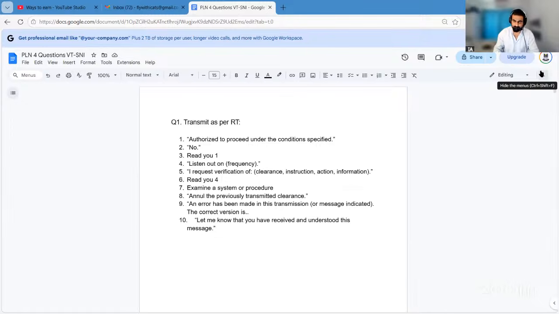Fifth one is confirm. Sixth one is readable, no? Radio 4, readable. Correct. Number 6, readable.